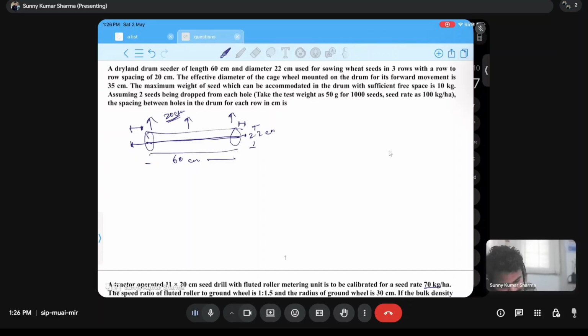Suppose there is a case wheel attached with this seed drill, and its diameter is 35 centimeter. The maximum weight of seed which can be accommodated in the drum is 10 kg. Assuming 2 seeds being dropped from each hole, 2 seeds will be dropped from each hole.